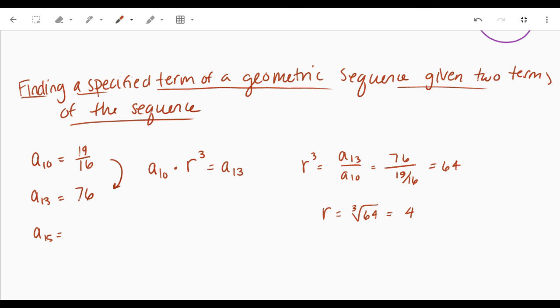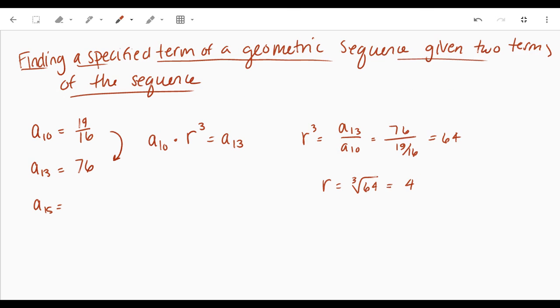All right. So you can figure out to get to the 15th term, we'd have to take the 13th term and multiply it by r twice, okay, to get from 13 to 15. So it would be 76 times 4 squared, 76 times 16, which is 1,216.